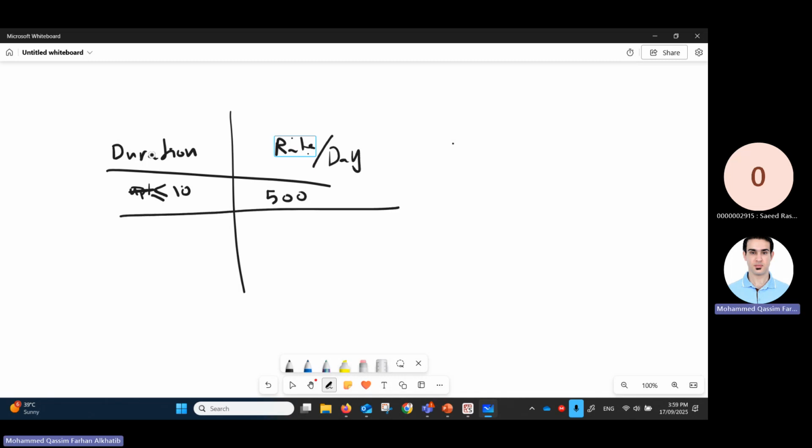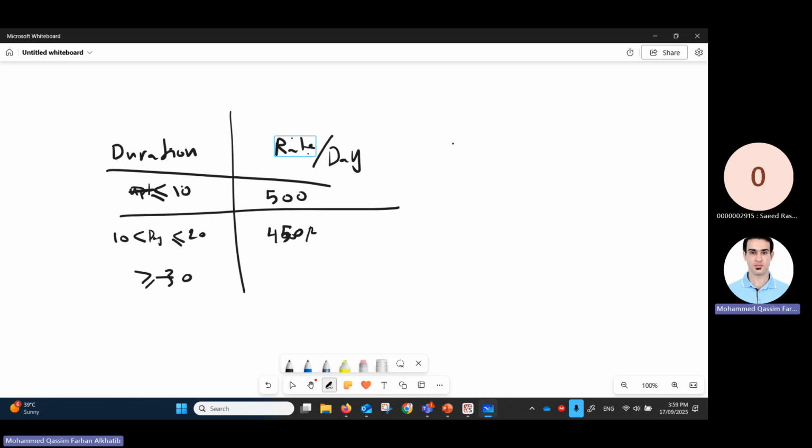And if it's larger than 10 and less than 20 days, the rate will be 400 per day, or 450. Let's be realistic, 450.